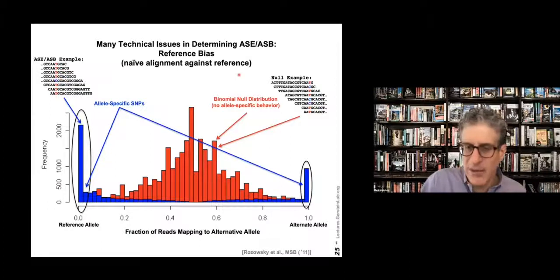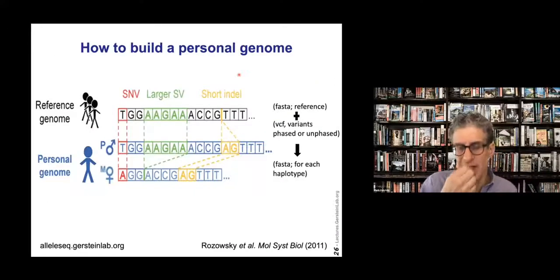And it's a complicated topic of how people deal with reference bias. One of the simplest ways of doing it is actually to build custom genomes for the genome that you're actually doing the functional genomics on. And in particular, you would actually build a diploid genome, so that actually has the maternal and the paternal copy of that genome. This is hard to do.